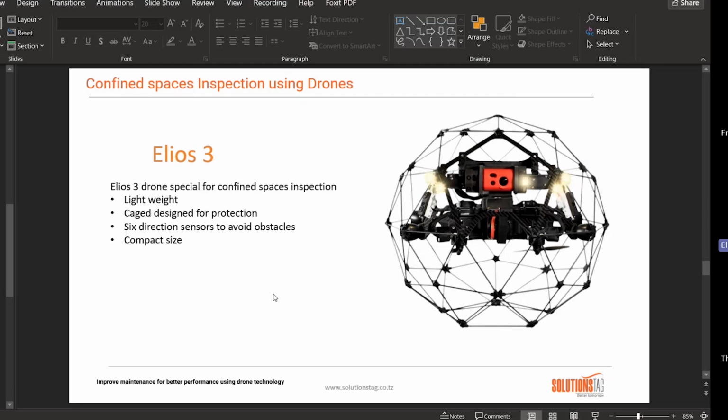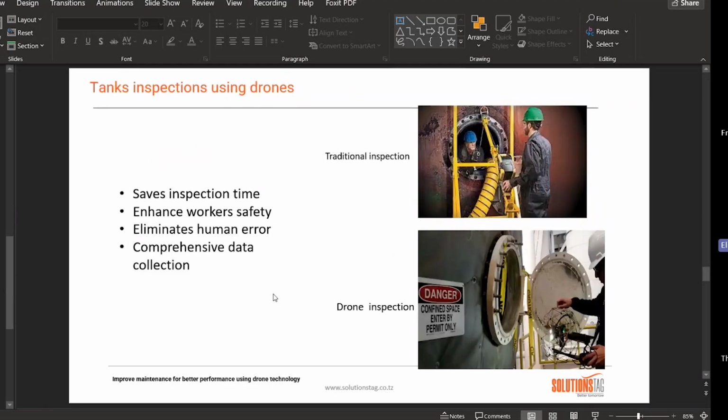For example, we have tanks. With the traditional method, we used to first empty the tank and leave it to vent for some weeks so that there are no fumes inside before sending someone in. But now we have these drones that can get through all these tanks or confined vessels without any issues.